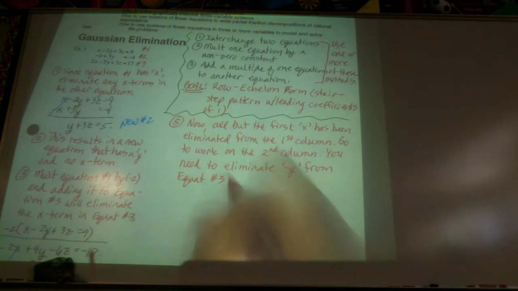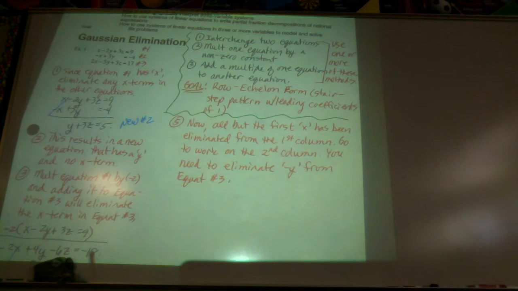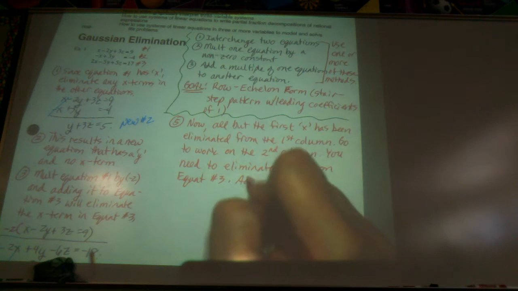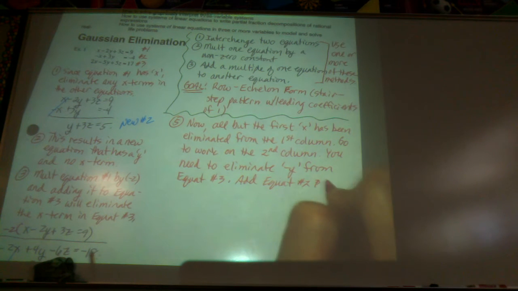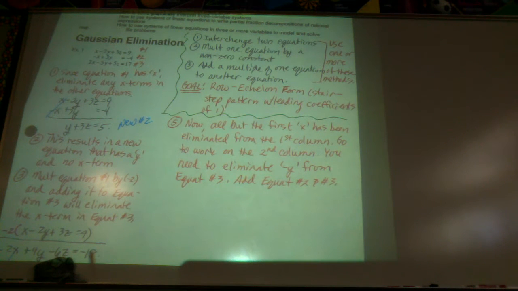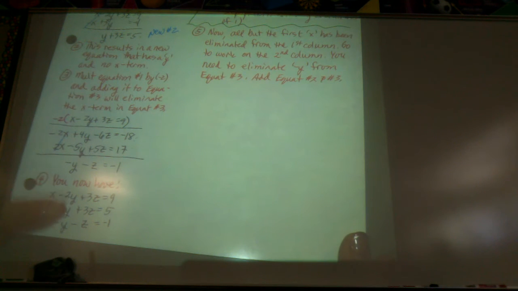And so we decided that we're going to add the new, but I'm not going to write that in here, add equation number 2 and number 3. So we're adding the new number 2 and the new number 3 together.